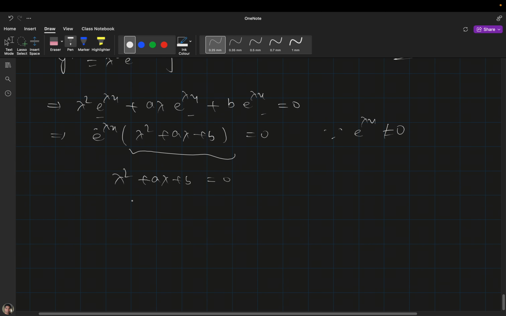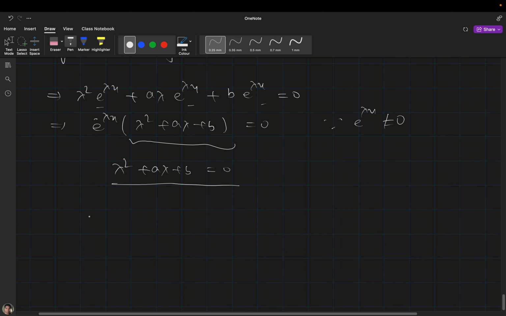Now you can see that it is actually a quadratic equation, and you will get two roots. What is the root of the quadratic equation? Minus b plus minus square root of b square minus 4ac divided by 2a.